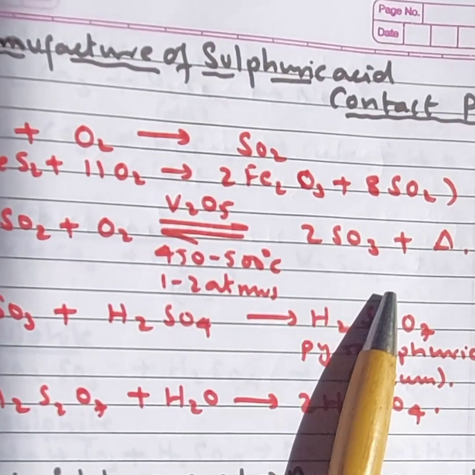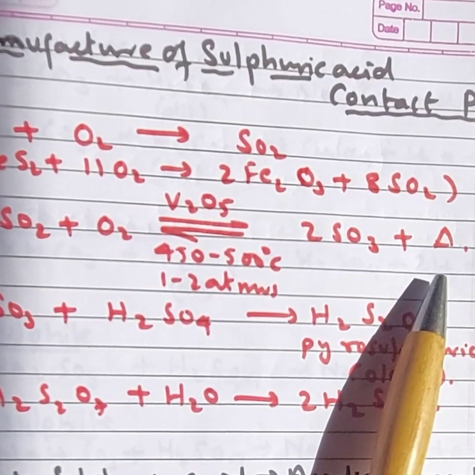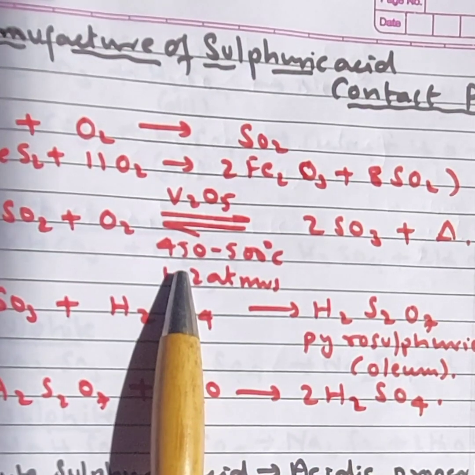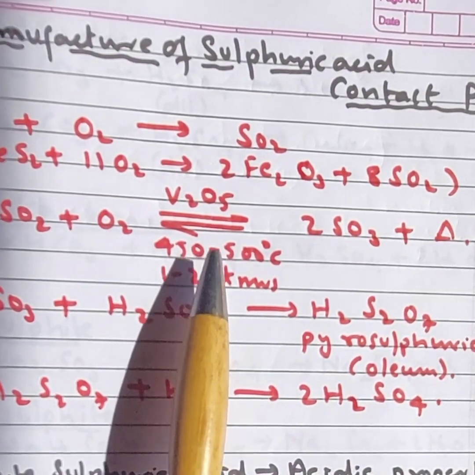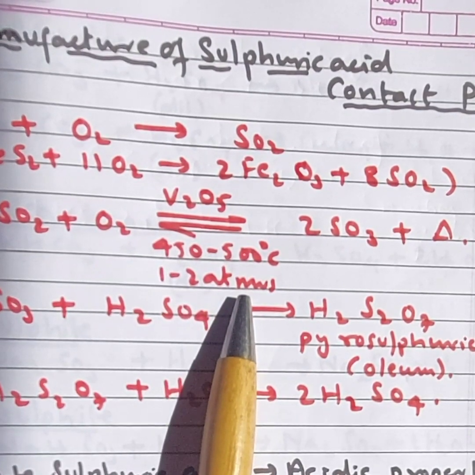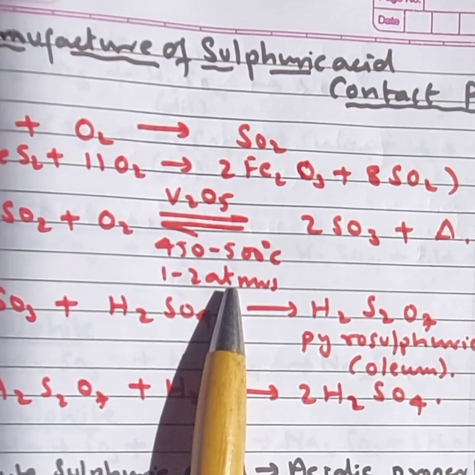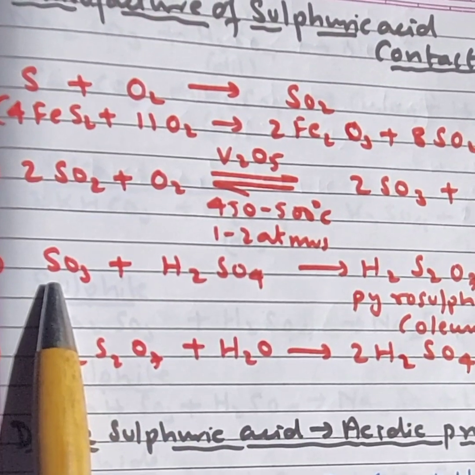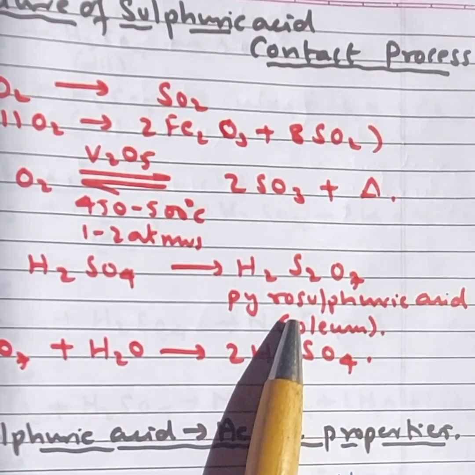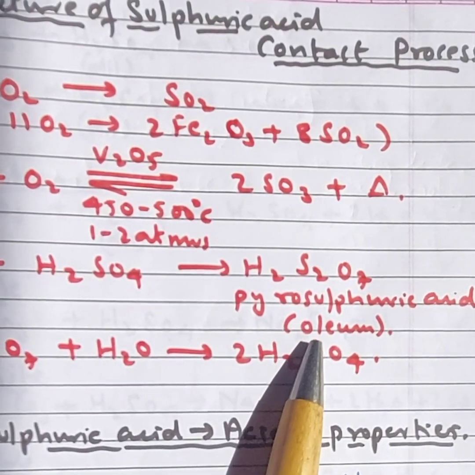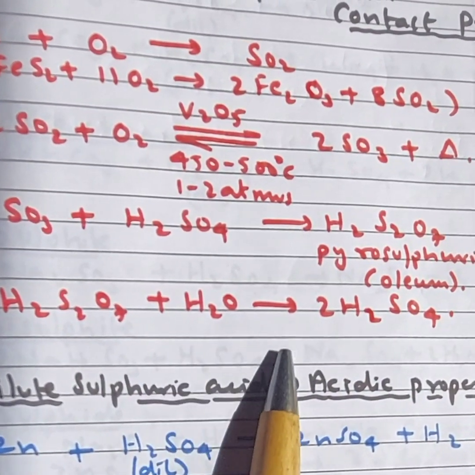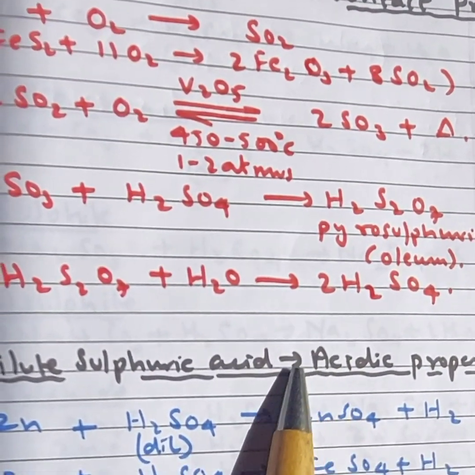We get sulfur trioxide plus heat. It's an exothermic process, so heat is evolved. So remember the catalyst, vanadium pentoxide, temperature 450 to 500 degrees Celsius, 1 to 2 atmosphere, and the promoter is potassium oxide. Then sulfur trioxide plus concentrated sulfuric acid gives you pyrosulfuric acid, H2S2O7, or oleum. Now this H2S2O7 plus water gives you sulfuric acid.